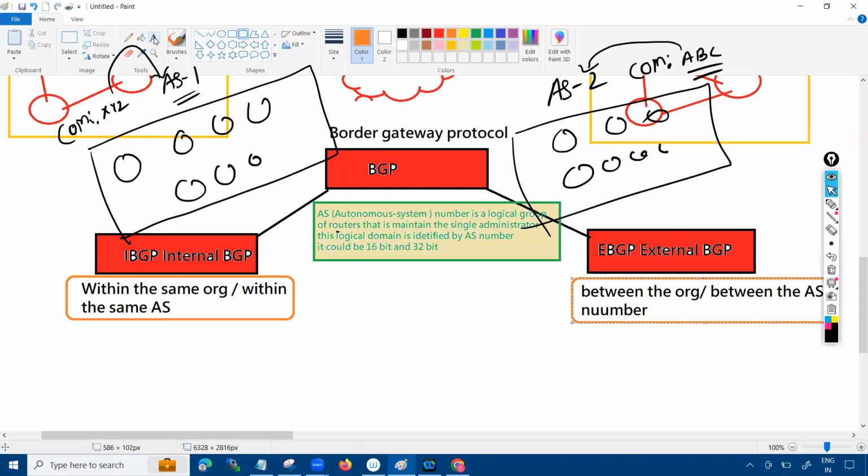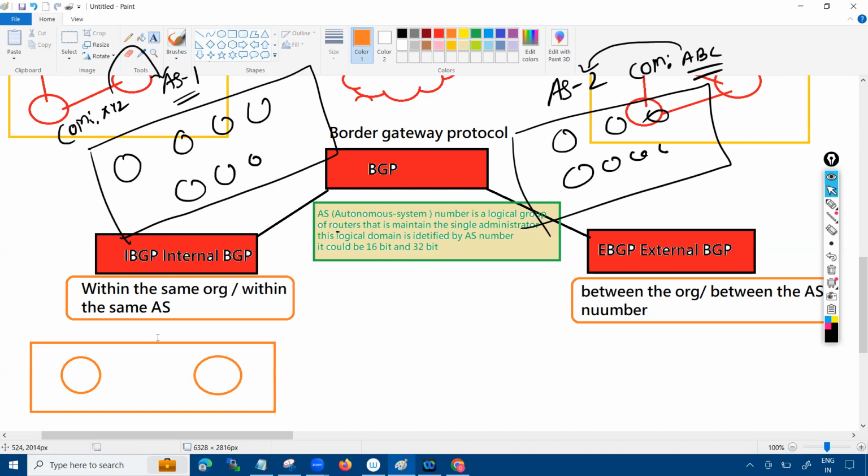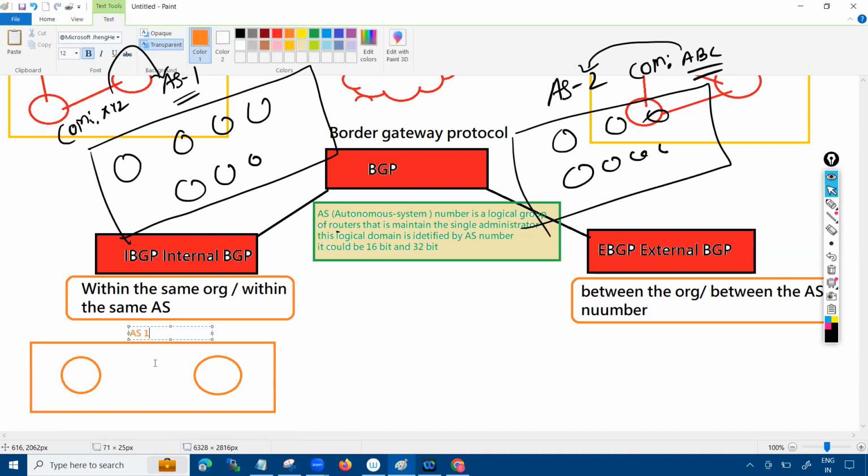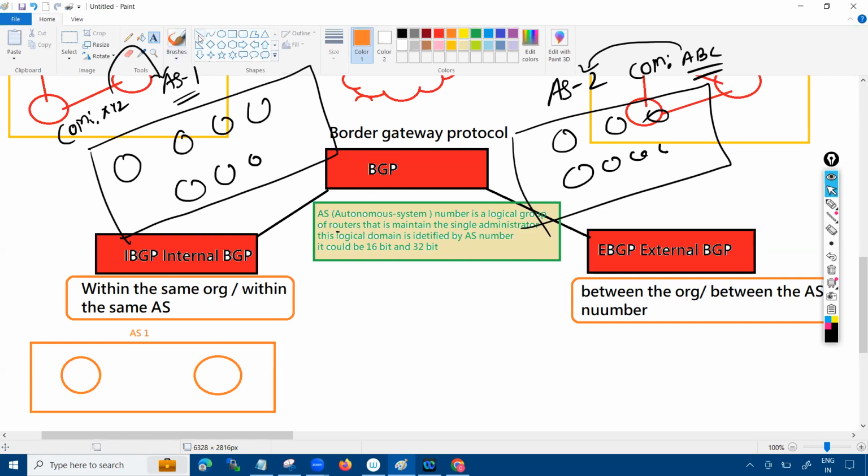So take an example, we have router 1 and router 2. If they belong to the same organization, I call them the same autonomous system number, AS number 1. So between router 1 and router 2, we are going to run IBGP.